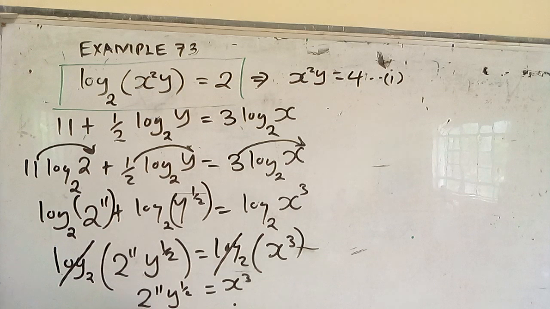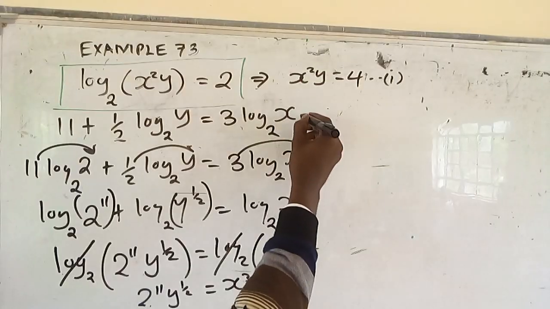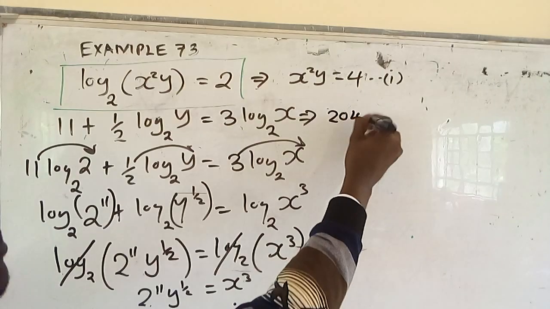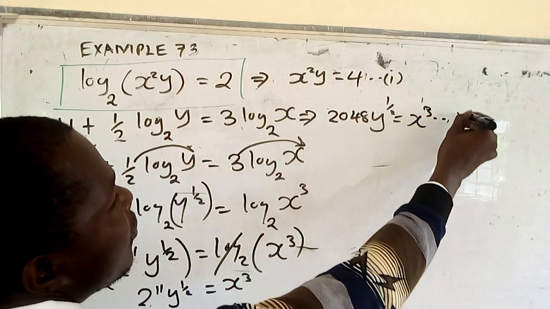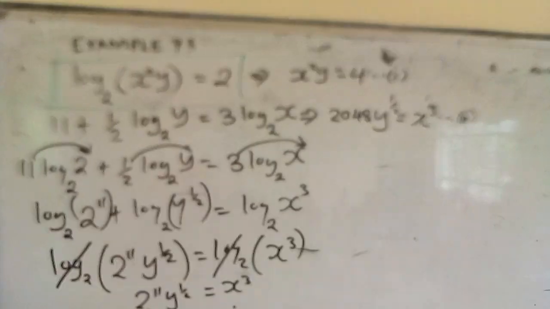So, what is 2 raised to power 11? 2048. So this is 2048 y raised to power half is equal to x cubed, equation 2. So we found equation 1 and 2.